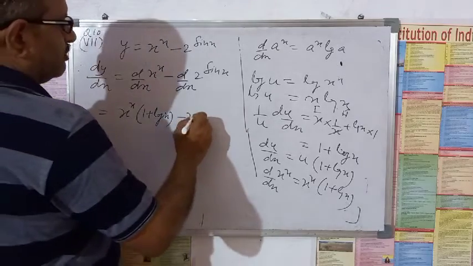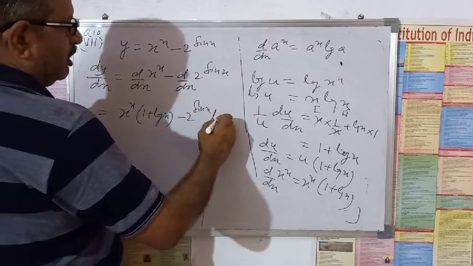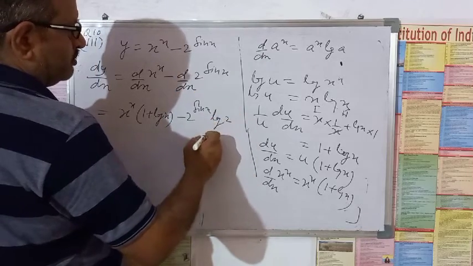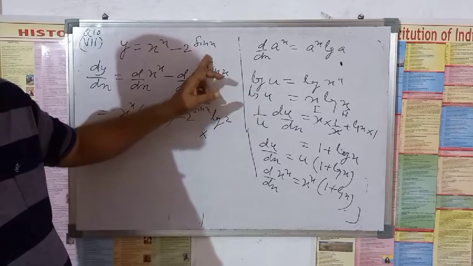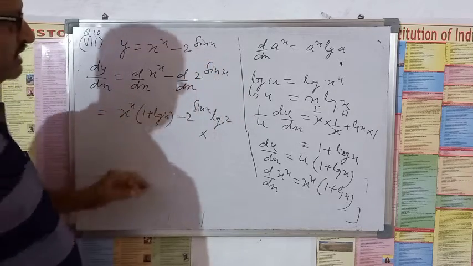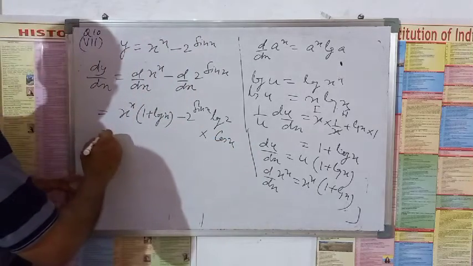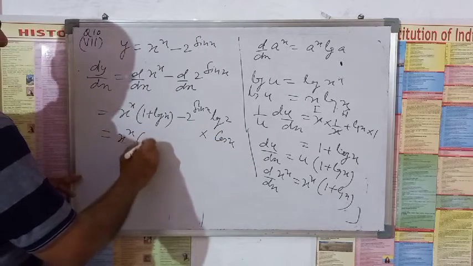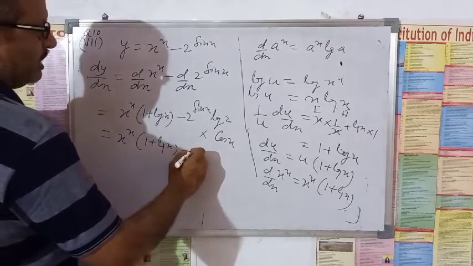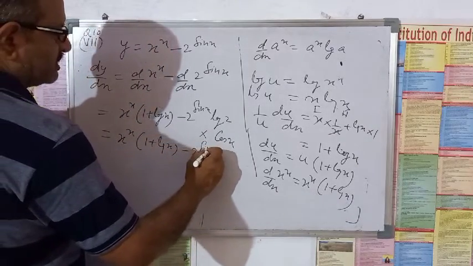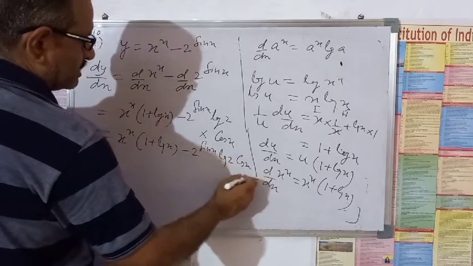So we will write minus a to the power x log a, means log 2 into. Now we have to differentiate this power sin x. So derivative of sin x is cos x. So it is x to the power x, 1 plus log x, minus 2 to the power sin x into log 2 cos x.